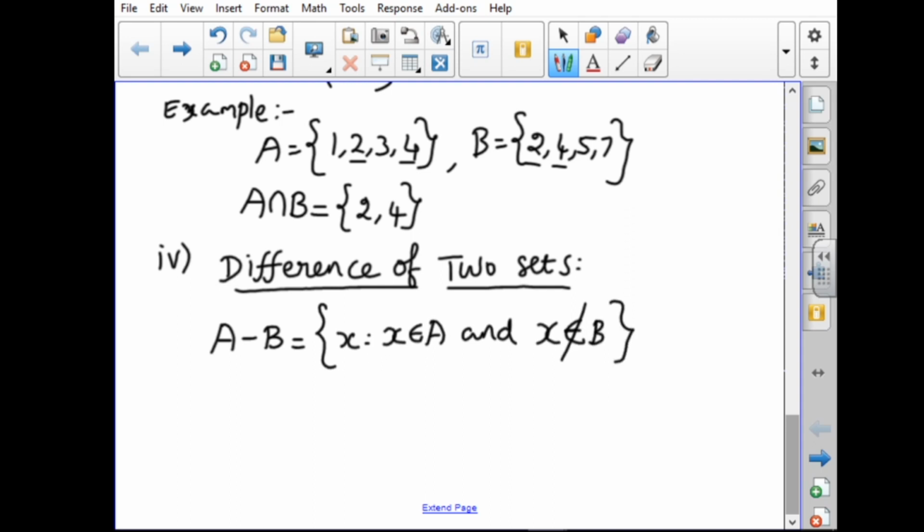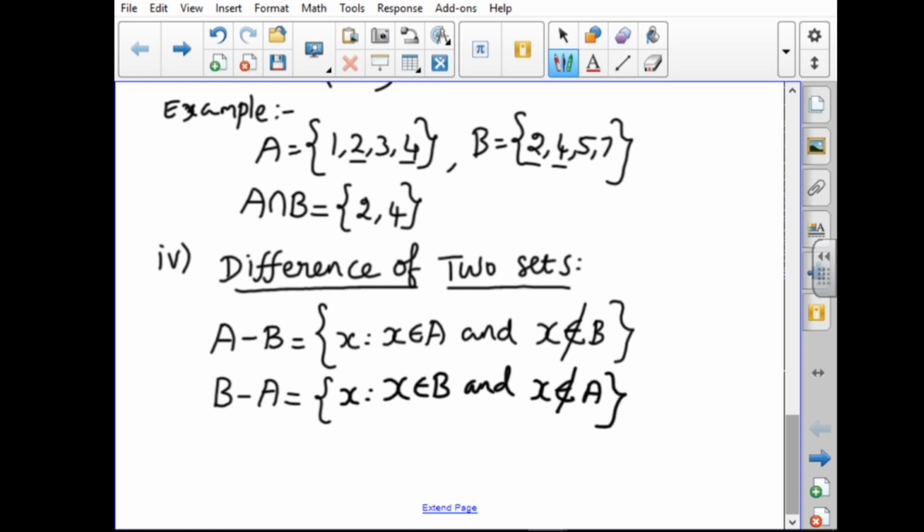A difference B means the set of all elements which are in A but not in B. Suppose we are taking B minus A, the set of all elements in B but not in A. So it is the set of X such that X belongs to B and X does not belong to A. For B difference A, it is the set of all elements in B but not in A.